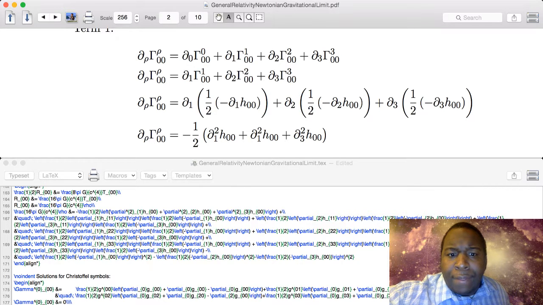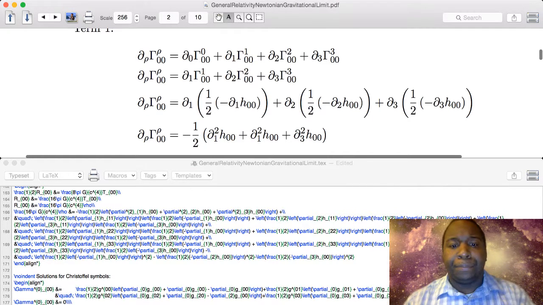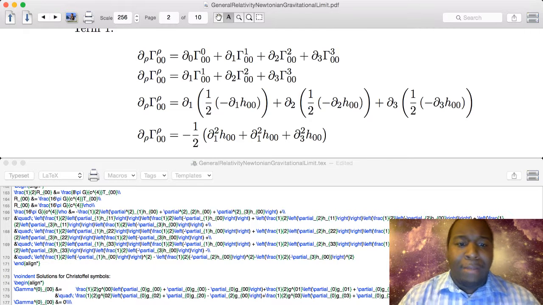Okay, so if it's not this term, this is the only term though that would give me a second order partial differential equation. Not gonna lie, guys, I'm actually kind of stumped here.